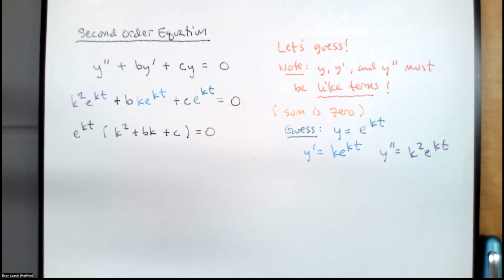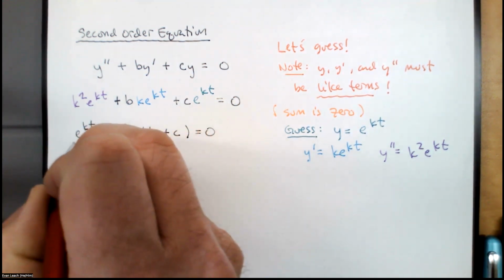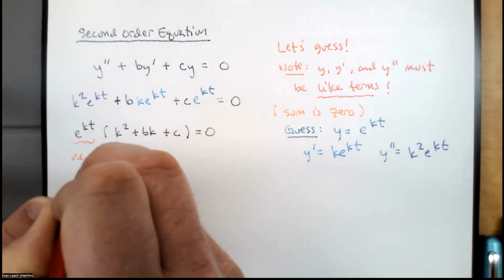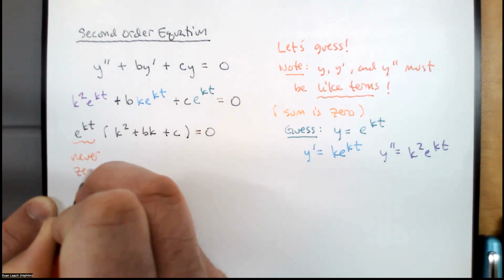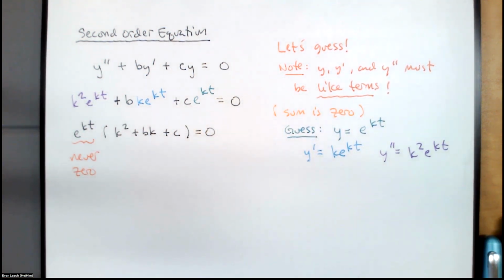And now we find the conditions under which our guess will give us a solution. e to the kt is never equal to 0. So it must be that the k squared plus bk plus c is where the equal to 0 part shows up.